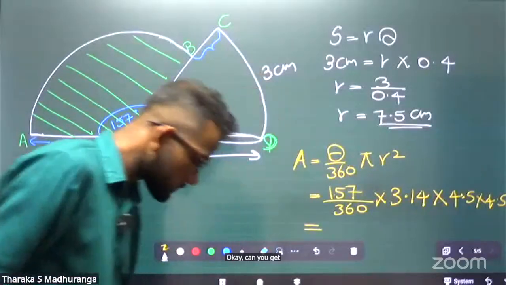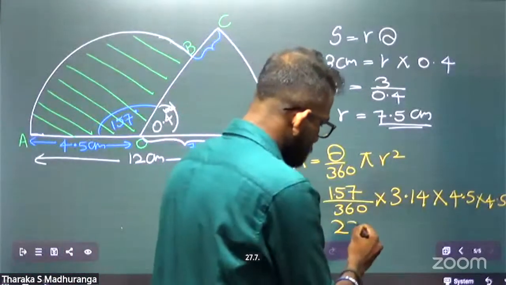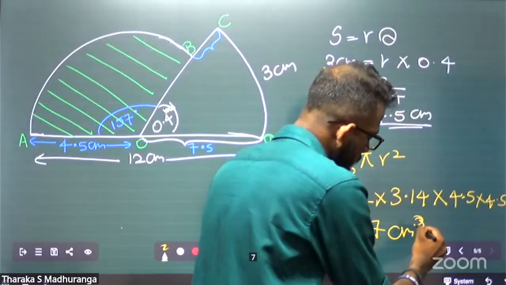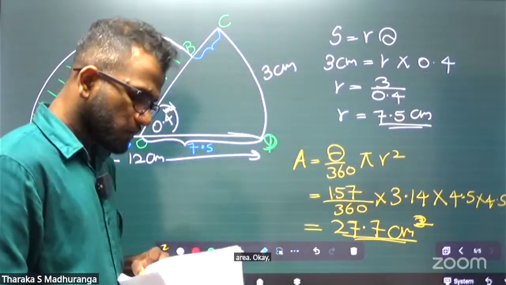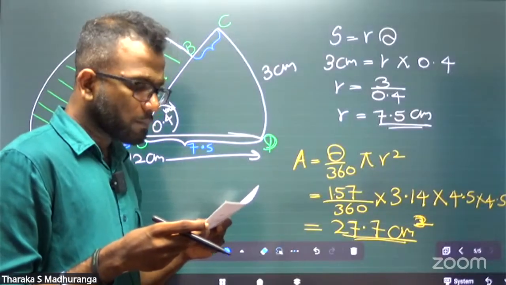Okay, can you get this value? 27.77 square centimeter. Area. Okay, is this any answer? Yeah. Answer number 4, right?